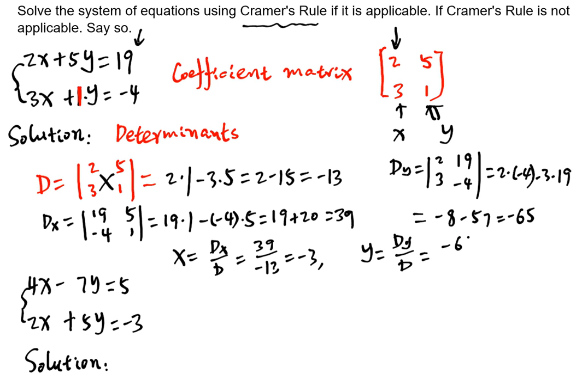That's negative 65 divided by negative 13. 65 divided by 13 is 5. Negative, negative, you have a positive. So the solution from here is negative 3, 5. That's the solution.